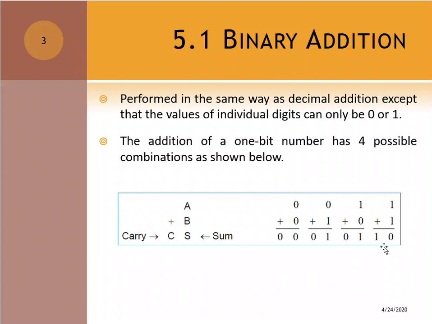2 in binary is 1, 0. Try to recall back: why did I say 1 plus 1 equal to 1, 0? This is not 10. 1 plus 1 in binary equals 1, 0.